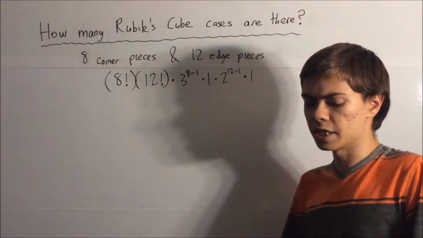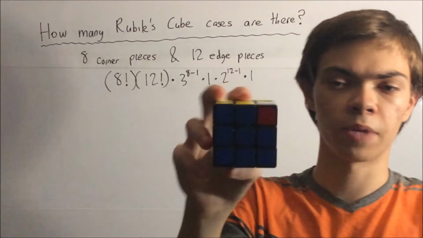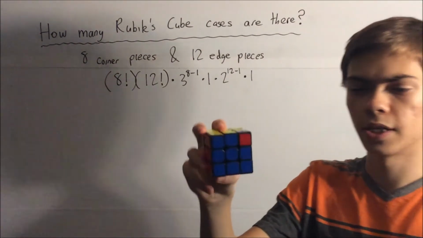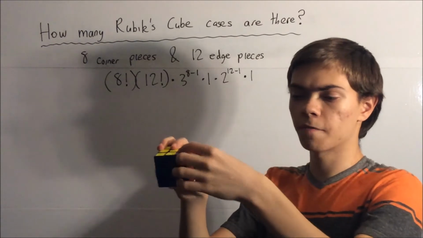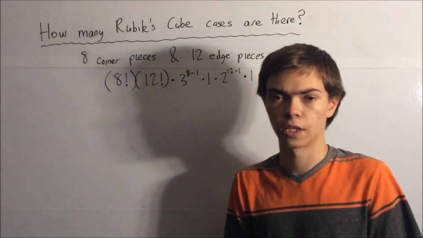But the thing is, we know that this case where exactly one of the corner pieces is twisted isn't solvable. This case cannot be solved.